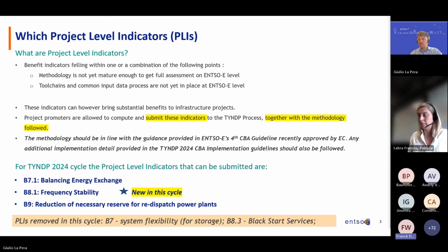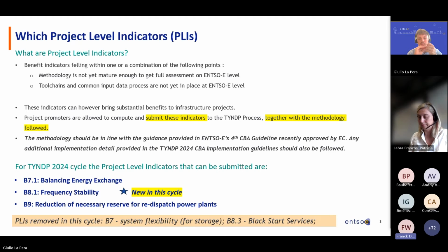So in this case, the TYNDP 2024 cost benefit analysis implementation guidelines, for which an intermediate version was also recently shared on the ENTSO-E website. So here we have all the information. If you take both documents together, you have all the information in general.